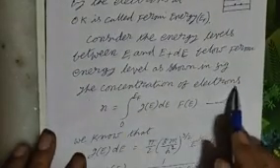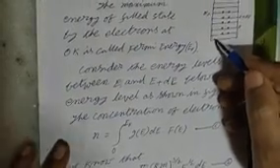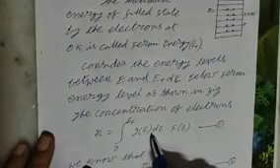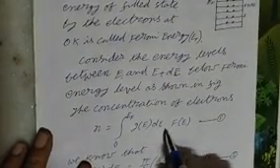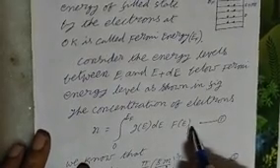The concentration of electrons N is equivalent to the integral from 0 to EF, that means from this point to the EF energy level, of G of E into dE into F of E. We already derived this formula.